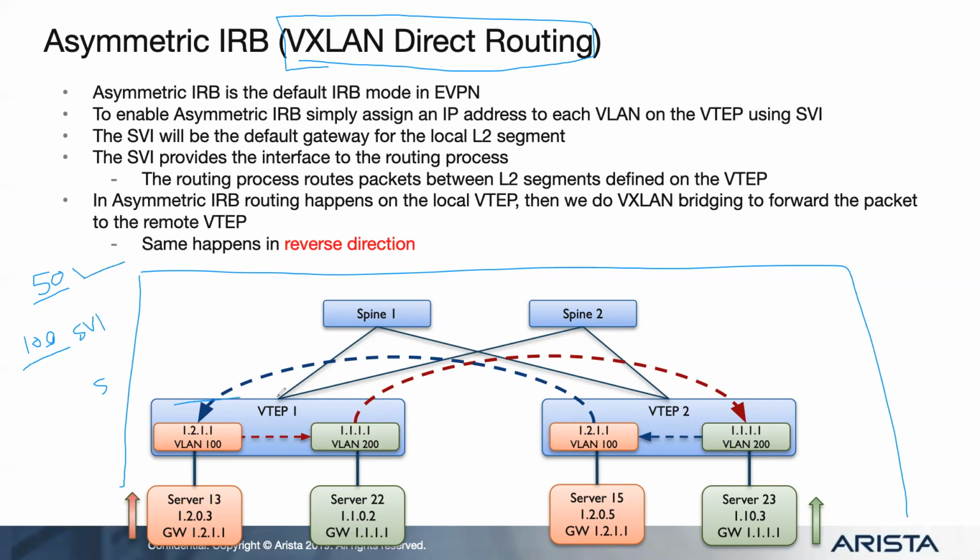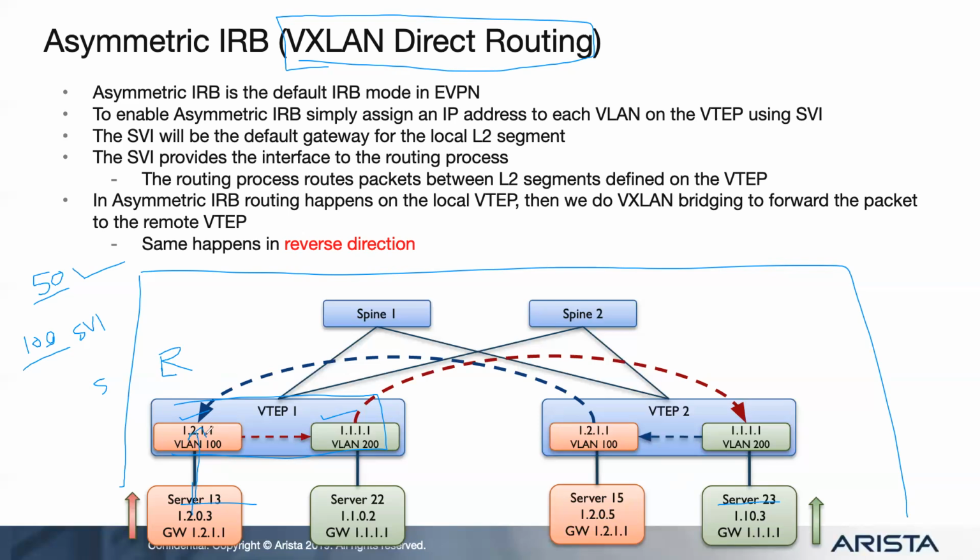So all VTEPs are routing VTEPs, L3 VTEPs, and all 100 SVIs are present on all of them. What will happen is, when this server, server 13, has to communicate with server 23, it will first reach out to the gateway, which is the first hop VTEP.